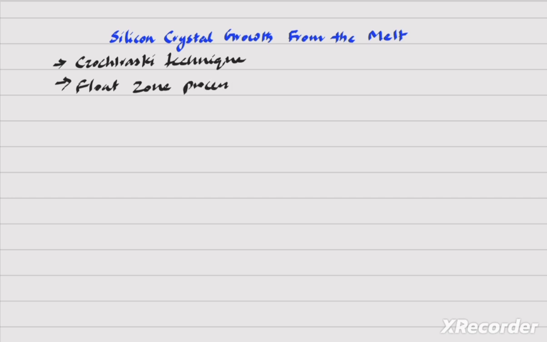These two are most commonly used to prepare single crystal silicon from the melt. More than 90% of the silicon in the semiconductor industry uses the Czochralski technique, which is more commonly used in the semiconductor industry.